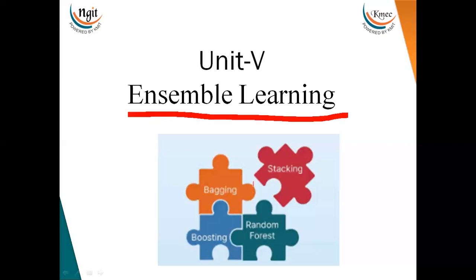As you can see here, kids play a game in which they attach parts together. Same thing we are doing in ensemble learning. We divide our data and each subset of the data is given as input to each machine learning algorithm. Finally, the outputs of these algorithms are combined together, and that is known as the final prediction of our model.